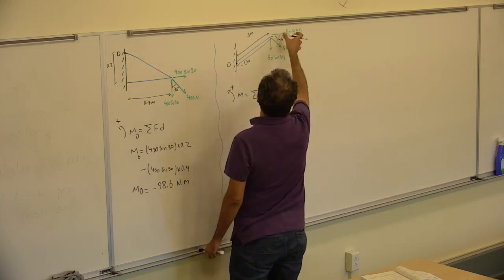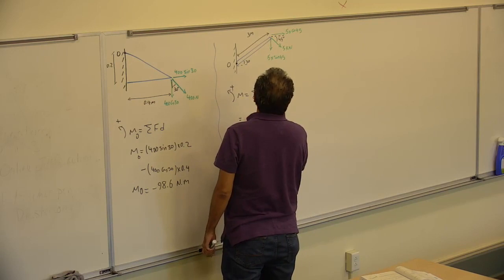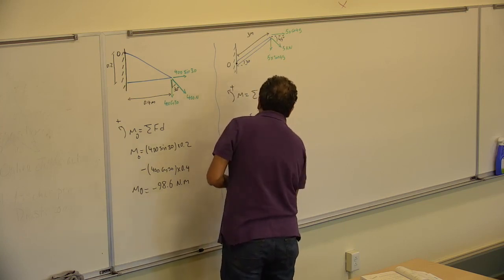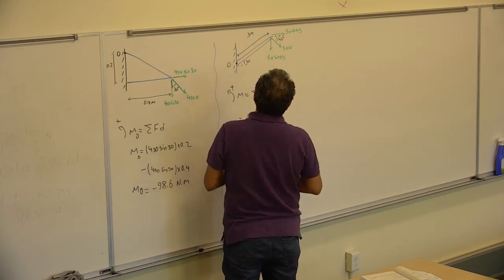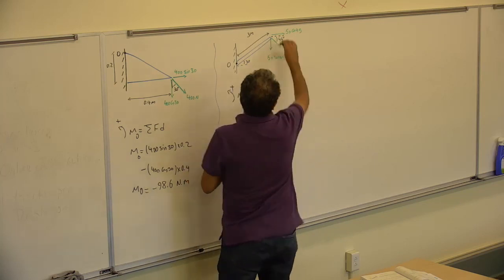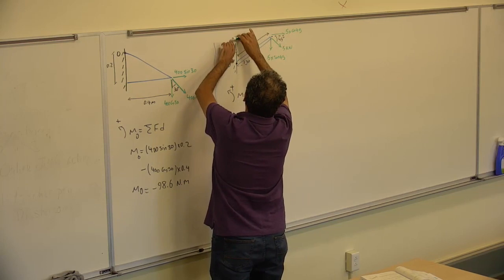Let's start from the x, so it's going to be 5,000 sine 45 times the distance, so this is the force. The normal distance for this one, if I slide it here, is going to be the distance.